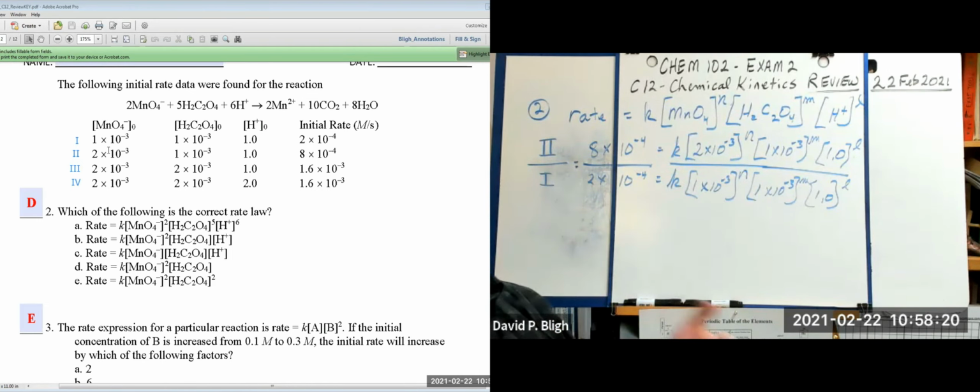And this is still 1 and 1, so they cancel. And this one now becomes 2 and 2, so they cancel. And K's always cancel. Now we have different rates. For the third one, we have 1.6 times 10 to the minus 3, and it's 3 and 2. And for 2, we have 8 times 10 to the minus 4.